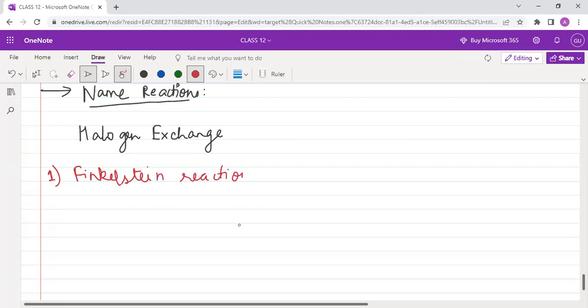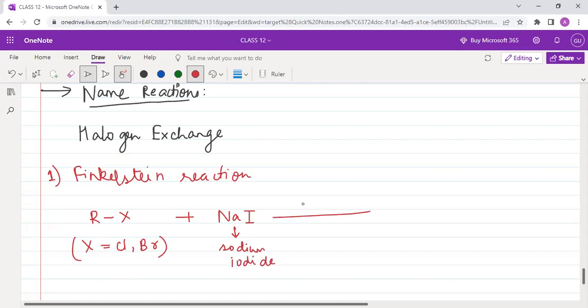So we have the Finkelstein reaction first. In Finkelstein reaction, you have an alkyl chloride or bromide, where X can be Cl or Br, and you make it react with NaI, sodium iodide, in the presence of dry acetone.